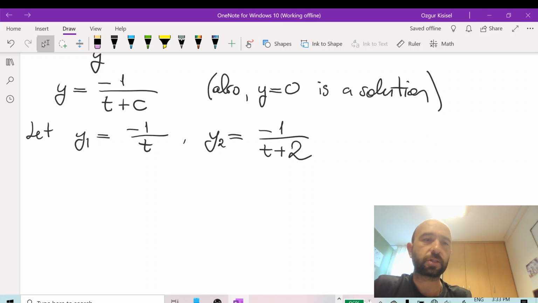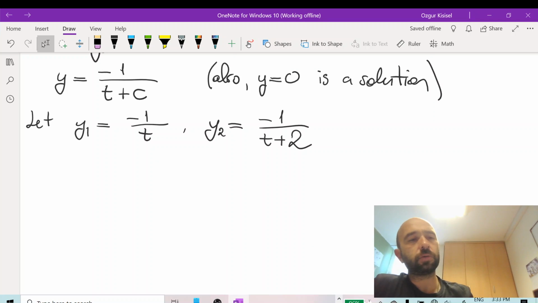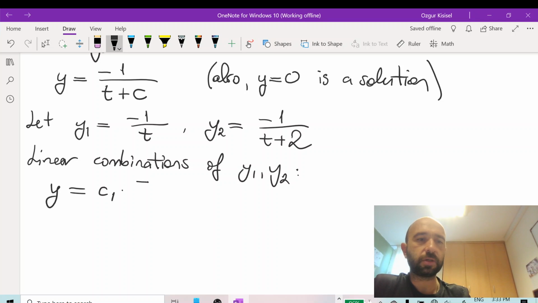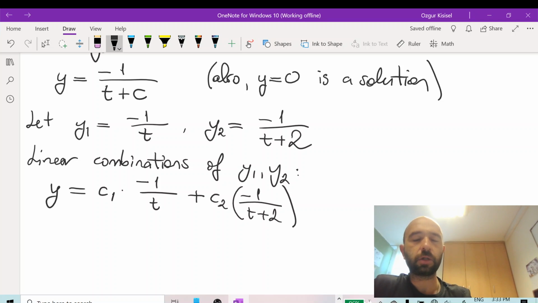So linear combinations of y1 and y2, they look like this. Y equals c1 times minus 1 over t plus c2 times minus 1 over t plus 2.